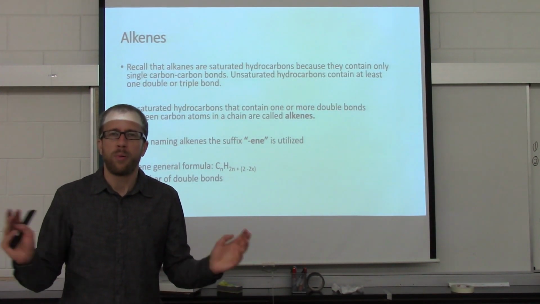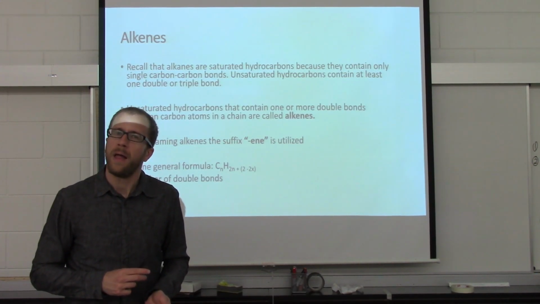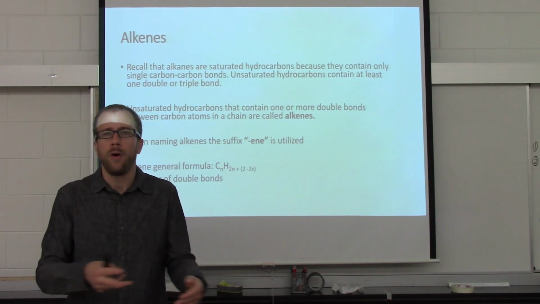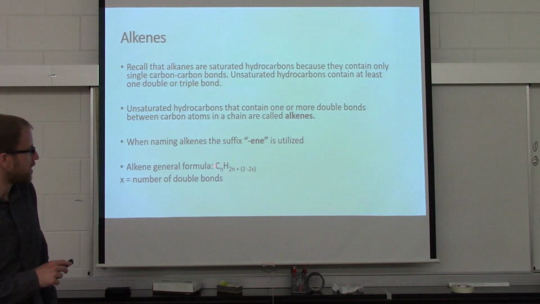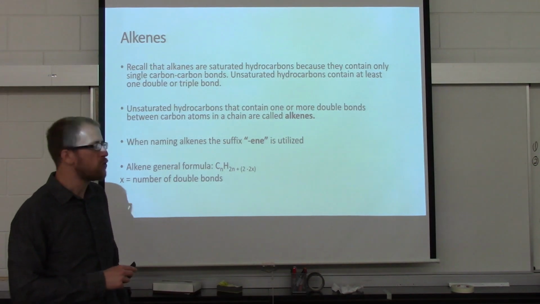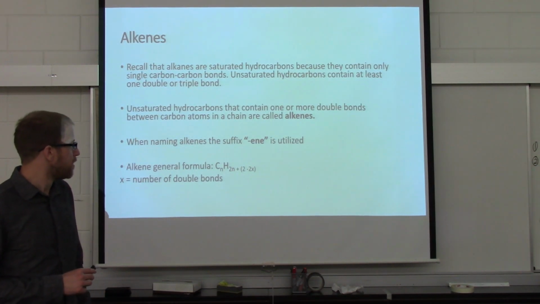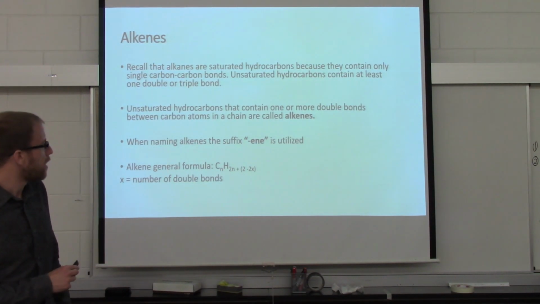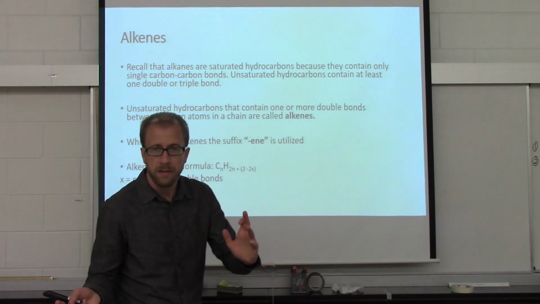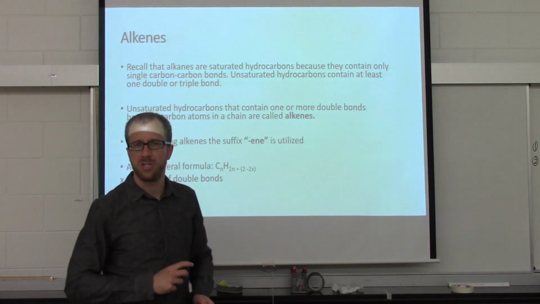So if it was propane, and we add a double bond, that would now be what? Propene. Alkenes take the general formula CnH2n plus 2 minus 2x. Don't stress too much about the general formula, but note that your double bond, how many less hydrogens do you have now?